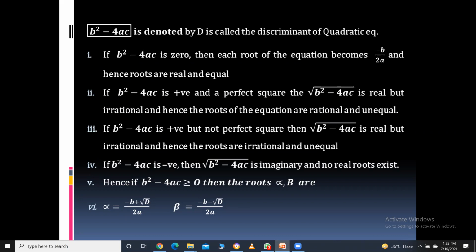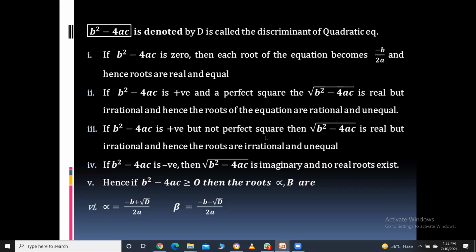In the third part, if b square minus 4ac is positive but not a perfect square, then under root of b square minus 4ac is real but irrational, and hence the roots are irrational and unequal. In the fourth part, if b square minus 4ac is negative, then under root of b square minus 4ac is imaginary and no real roots exist.